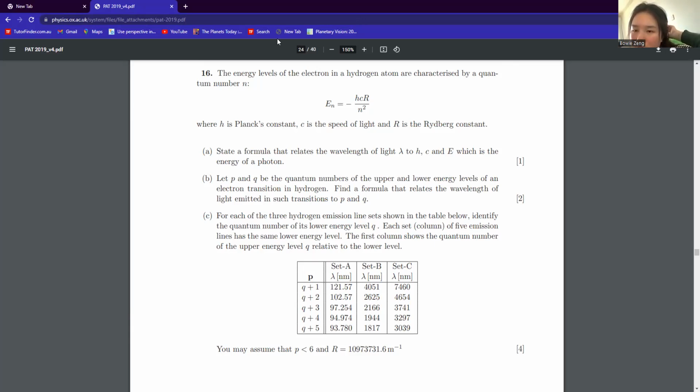So the Bohr model tells us the energy formula for the hydrogen atom. To be exact, it's the total energy of the electron in the hydrogen atom.